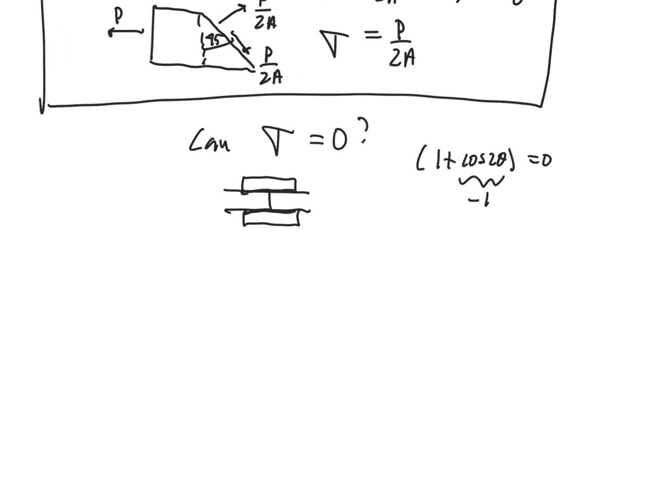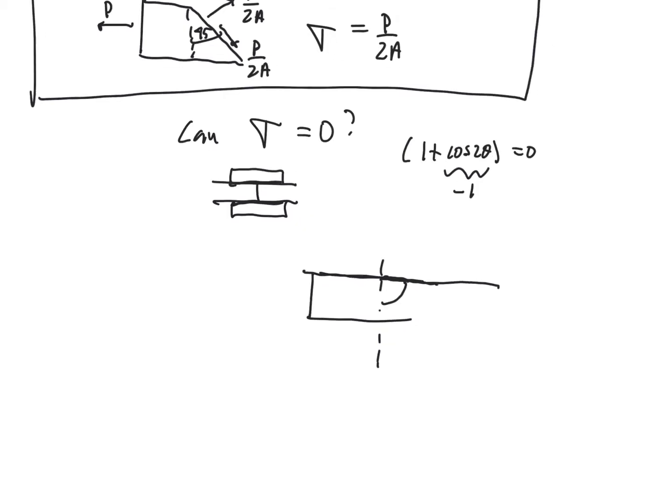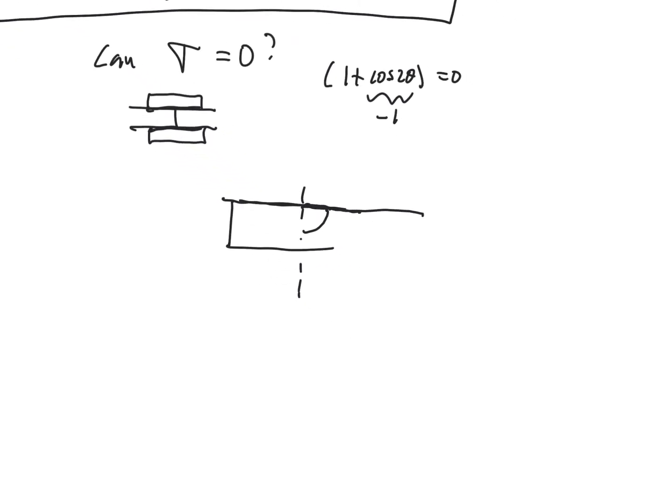Well, can we realize that? That means that if I took my cut plane, again from the vertical, it would have to be at 90 degrees. That's along here. So what would happen is we would have a cut that basically bordered this wall. So we can never quite get there for the analysis that we did. We have to have theta be less than, not equal to, 90 degrees. So this formula breaks down. We can only say that for this particular model, we can only approach a 90 degree cut.